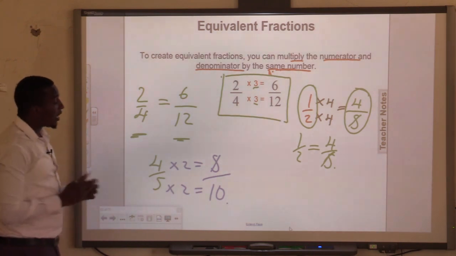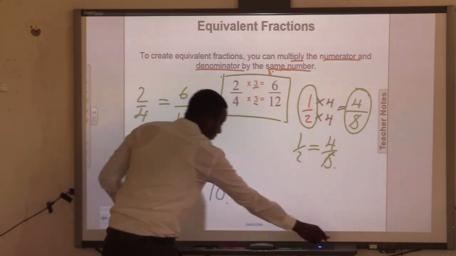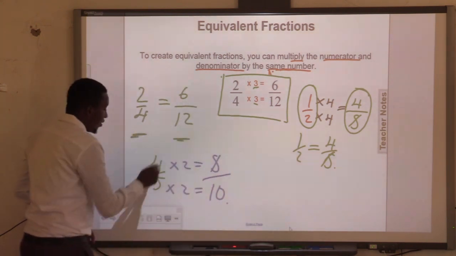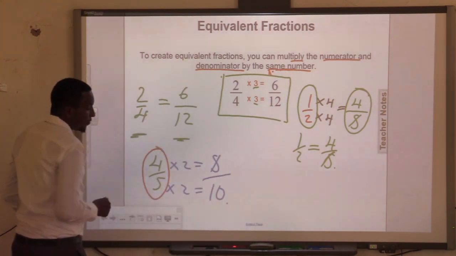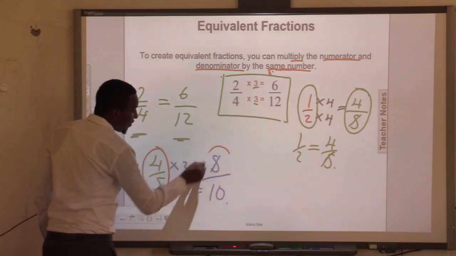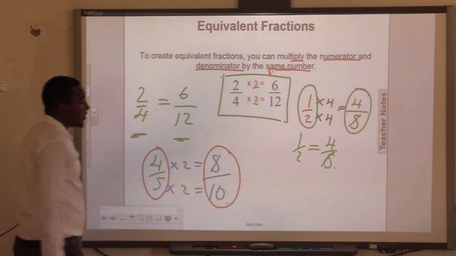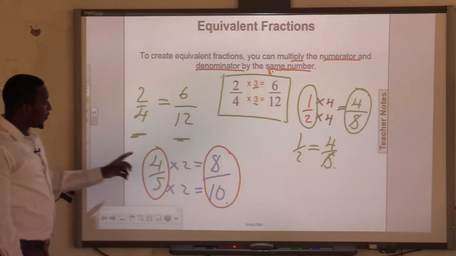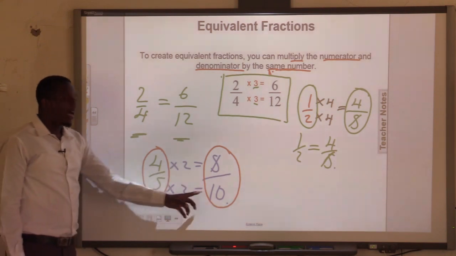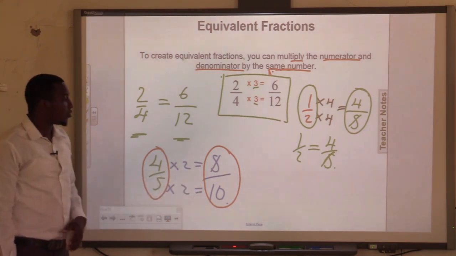So from here, we can conclude that 4 all over 5 is equivalent to 8 all over 10. So 4 over 5 and 8 all over 10 are equivalent fractions.